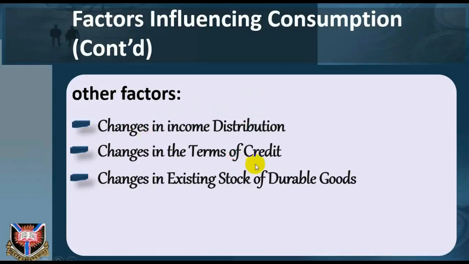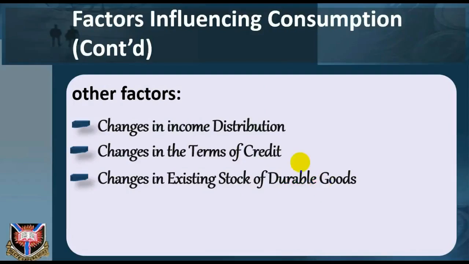3. Changes in the existing stock of durable goods. It is now recognized that any period in which durable goods are difficult or impossible to purchase and monetary savings are accumulated, it is likely to be followed by a sudden outburst of expenditure on durables. Therefore, this will shift upward the consumption function.